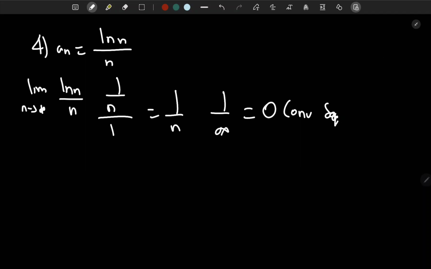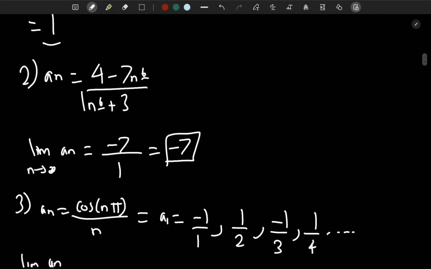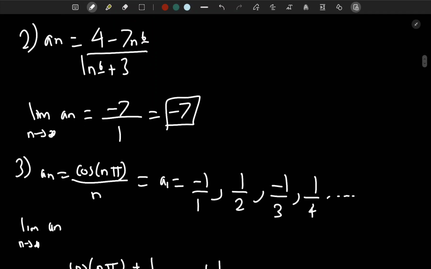And you might be confused about when to use L'Hopital's rule or when to use the leading coefficient. If I go back to that leading coefficient example, we have negative 7n to the power of 6 over n to the power of 6.